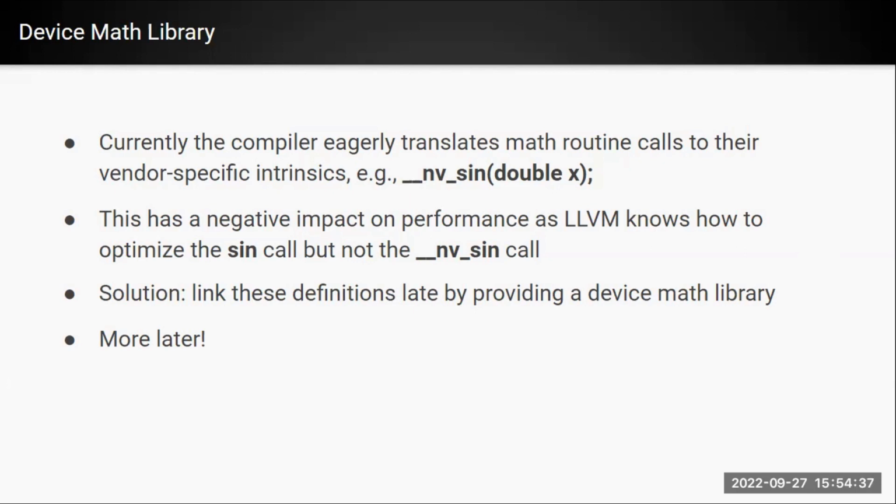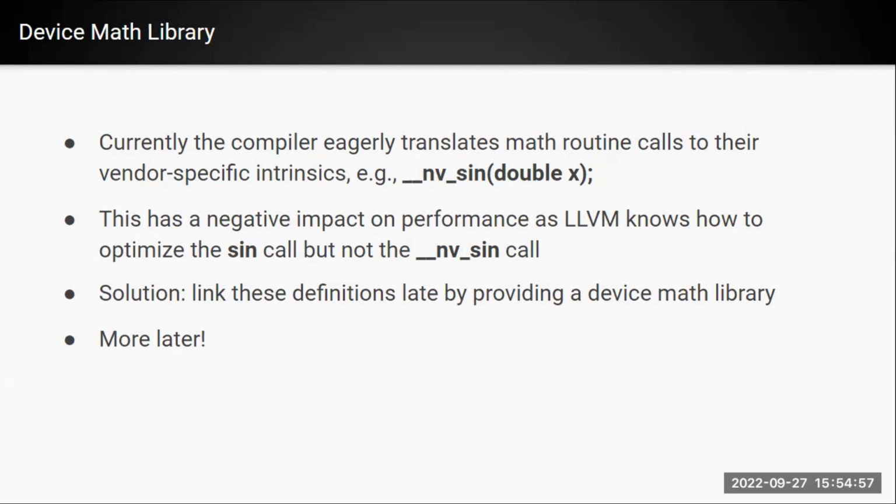But we actually have to implement it with the vendor provided implementation and run a few optimizations, because otherwise we might lose out on performance. So we want to run optimizations while it is sine, and we want to run optimizations while it is NV sine. And that is where link time optimizations come in.